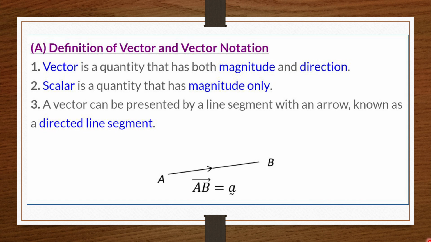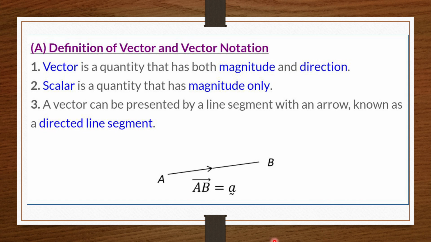A vector can be presented by a line segment with an arrow, known as a directed line segment. Below, you can see three ways of presenting a vector.